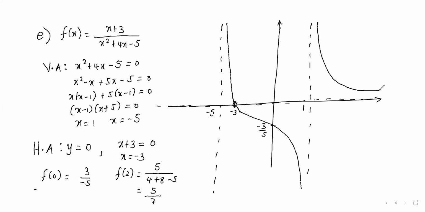Then let's get -6. So we have -3 up over, I can use this, that's -7 multiplied by -2. So get -3 over 14. Negative, so it's below, so it's going to be here.